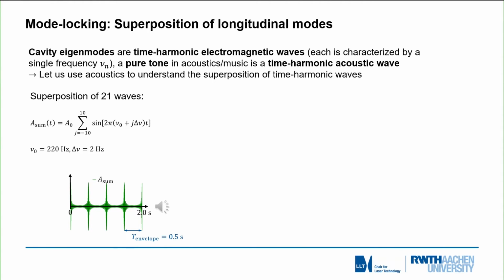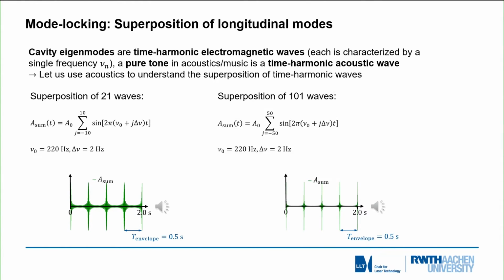Higher intensities, shorter pulses. And in the limit, we made the example for about 100 waves, 101 waves are superimposed. And again, you see the picture.